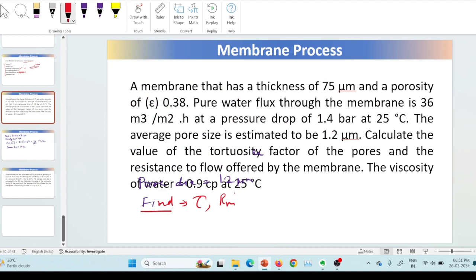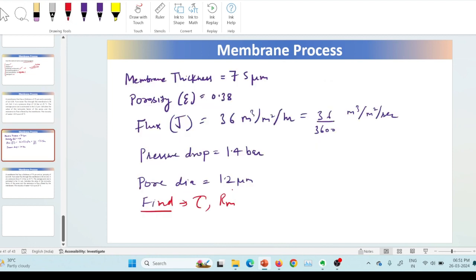The viscosity is given as 0.9 centipoise. We will start this question.